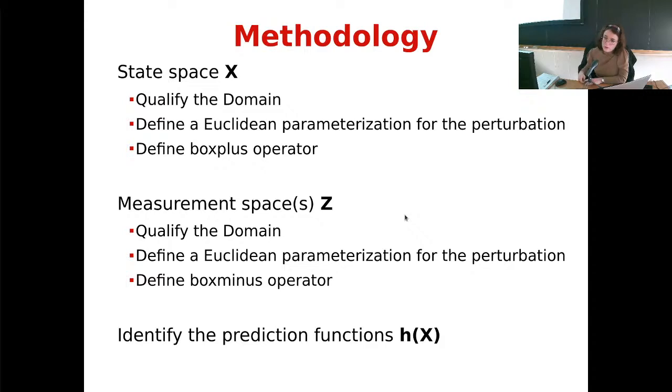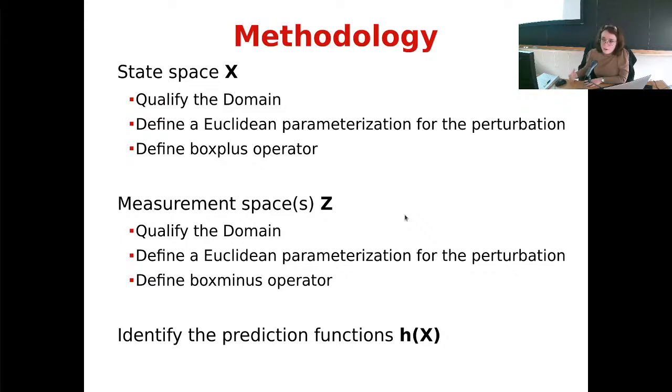Every time we want to formulate these least squares using manifolds, we need to define the state space, the measurement space, and the prediction function. As far as the state space is concerned, we need to qualify the domain, which might be a Euclidean one, R2, R3, or a non-Euclidean domain, such as SE2, SE3, or also S2, as we will see in the last exercise.